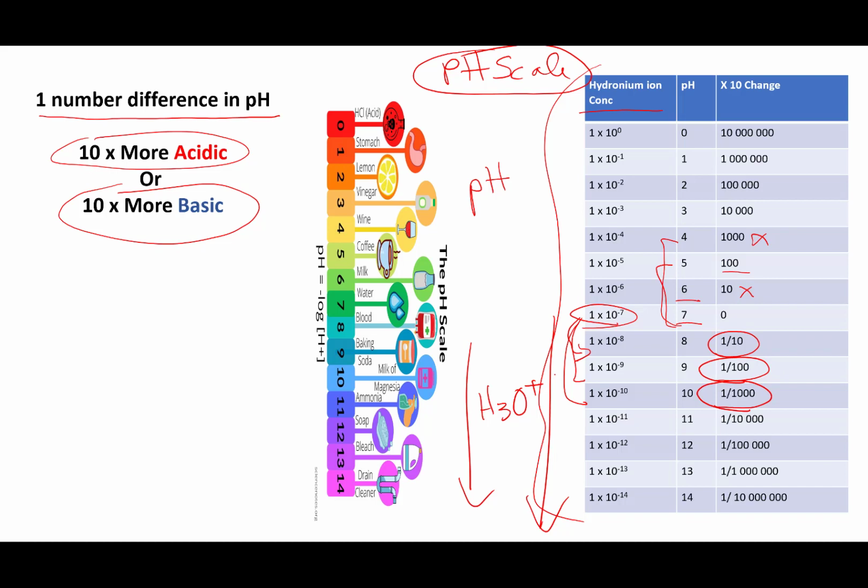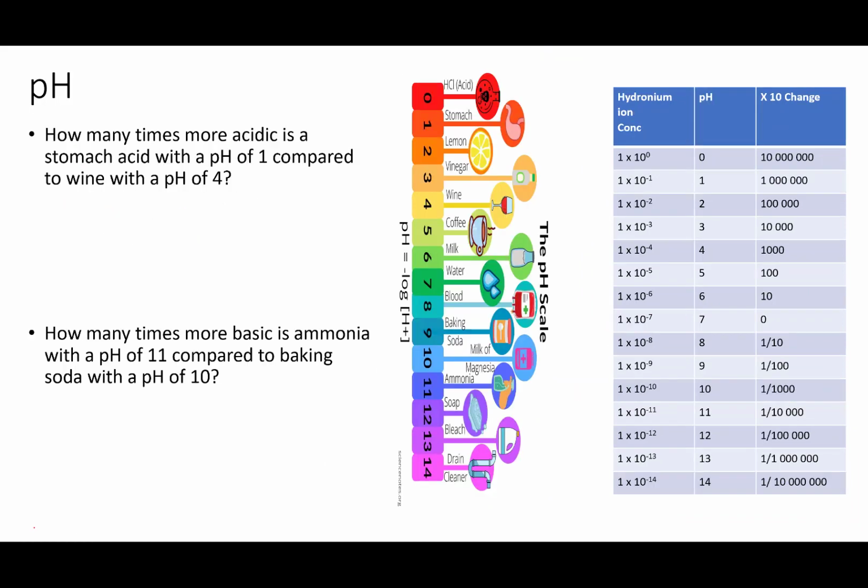As you go to lower numbers, the hydronium ion concentration goes up, and as you go to higher pH, the hydronium ion concentration gets smaller and smaller, because that's what pH tells us. So let's see if we can do some quick and dirty math using this.